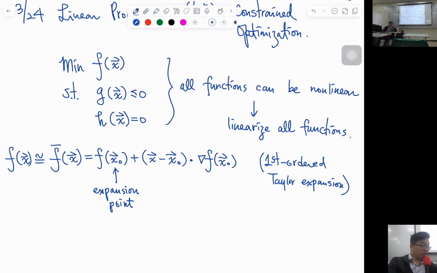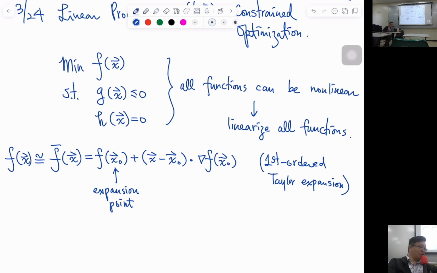So this is how you can linearize a function. And from here you can tell that if you do this, you are not solving the original problem. You are solving a simpler problem which has been simplified by the linearization process. So it's an approximation. The solution you get may not be the solution for the original problem.